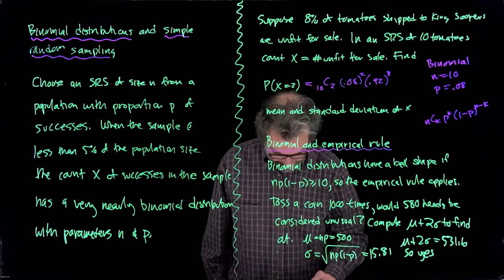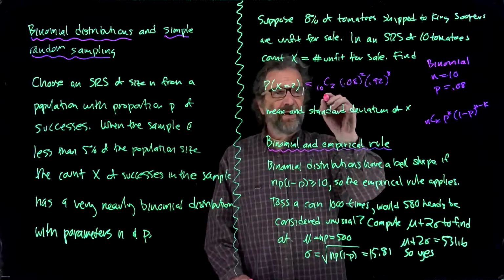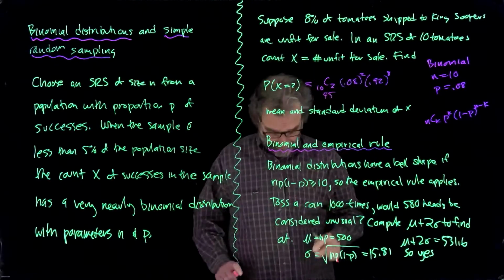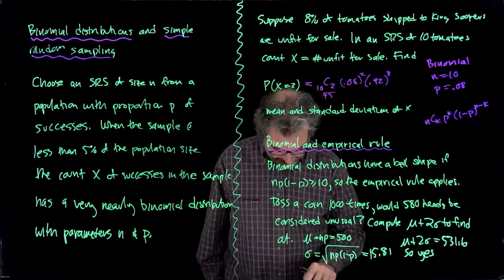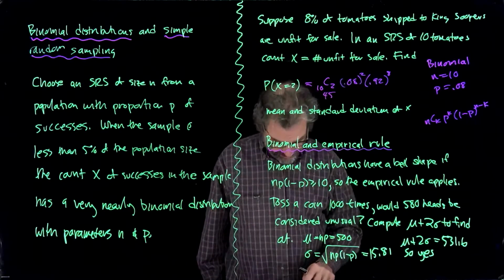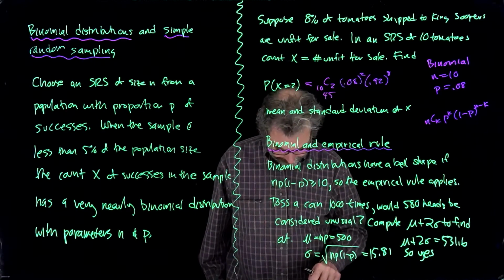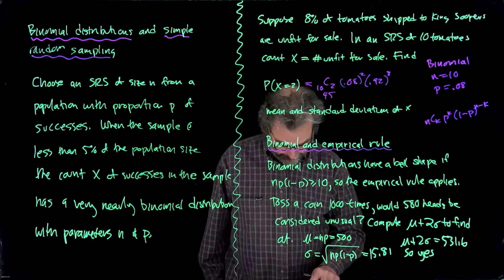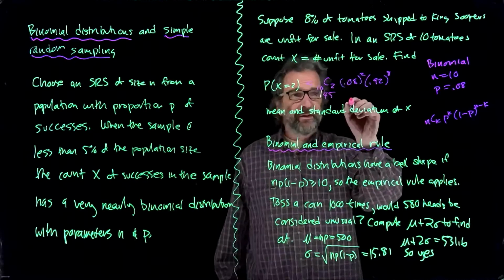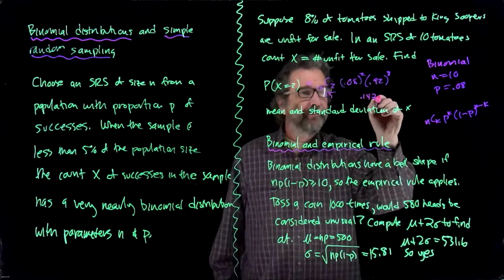And then enter. 10 choose 2, go. So that's 45. And I'm going to multiply that times 0.08 squared, and I'll make sure I go over before I hit the times button. And then 0.92 to the eighth. Okay. I get 0.1478.